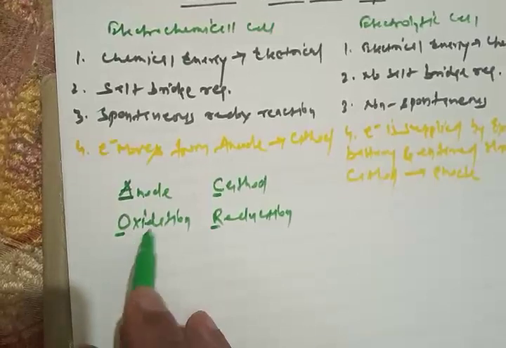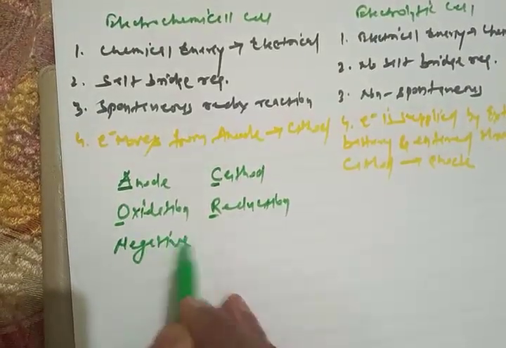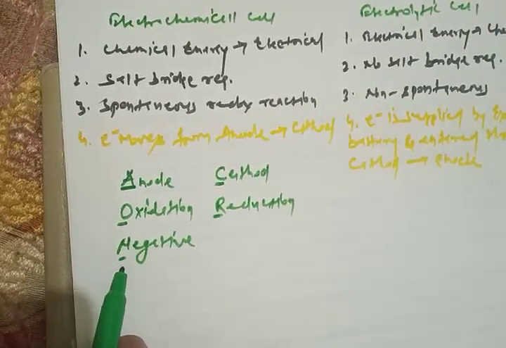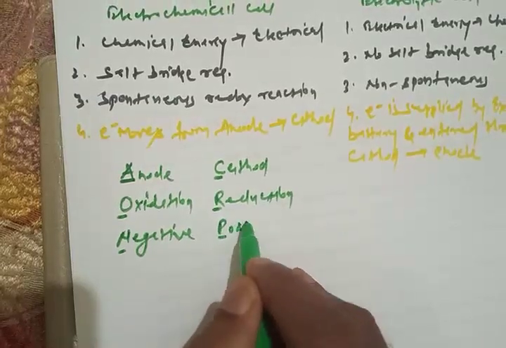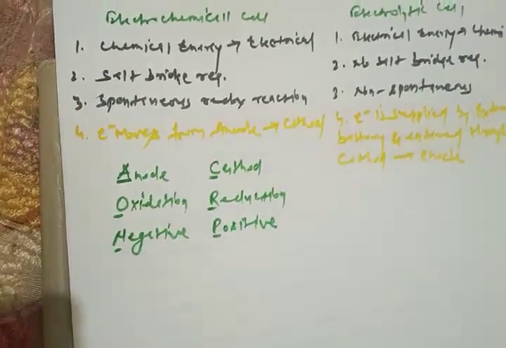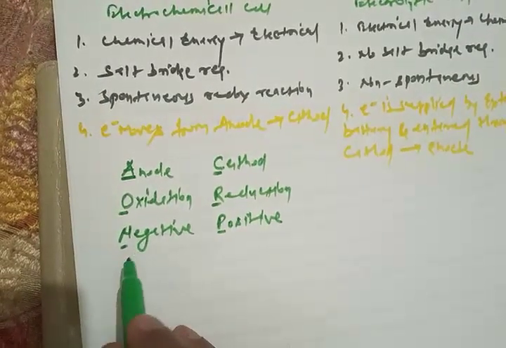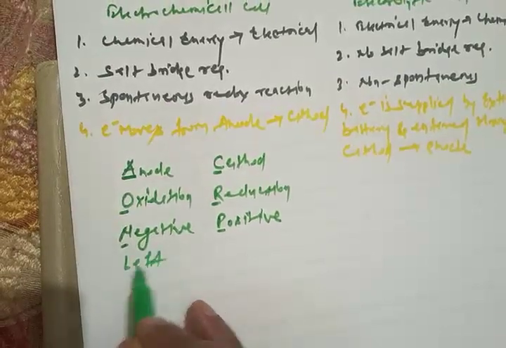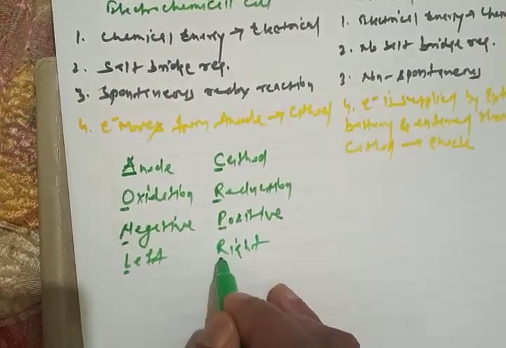Then the third is negative, N comes first, then P, for the positive. Then one more thing, the left, L comes first, and then R, right.